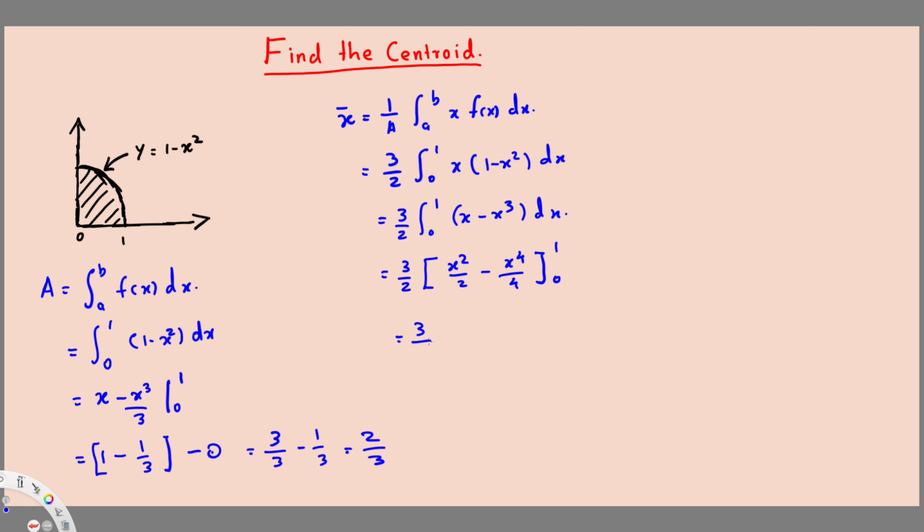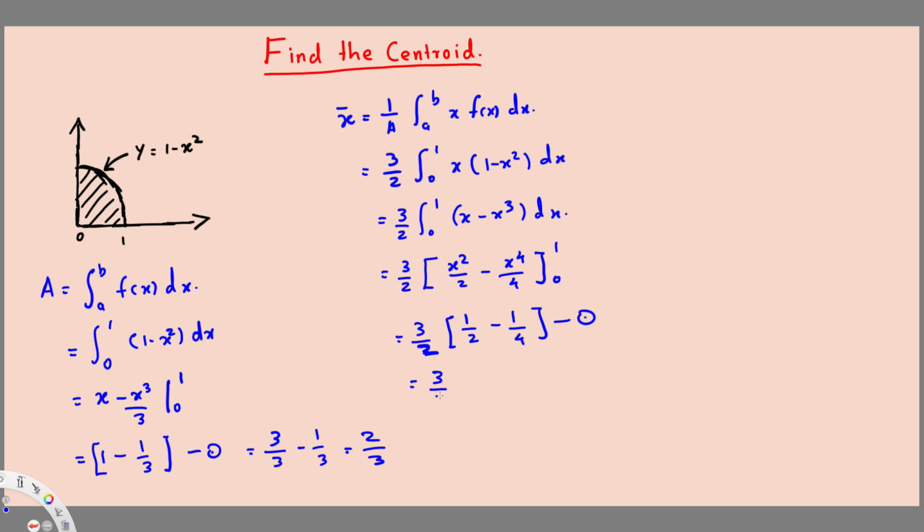Then with the 3 by 2, if we substitute 1, this is going to be 1 over 2 minus 1 over 4. If you substitute 0, it's 0 divided by 2 minus 0 by 4, so the whole thing is 0.